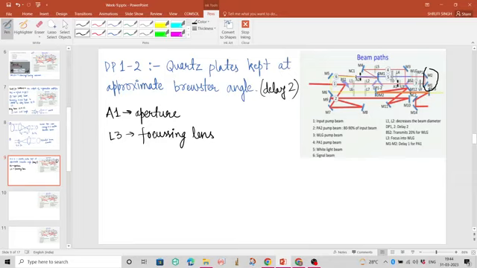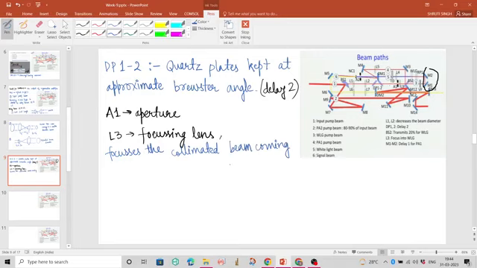L3 is the focusing lens. Now L3's job is to focus the beam which is coming through the aperture, it's a collimated beam.